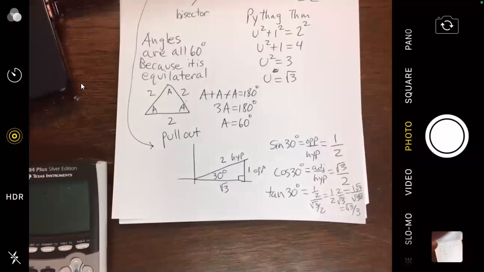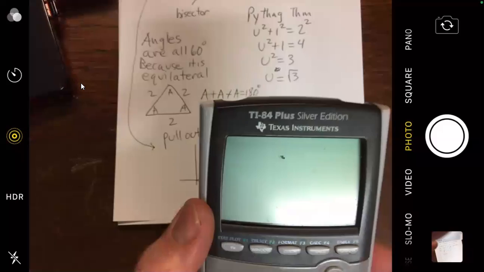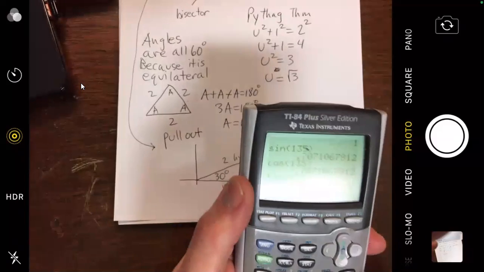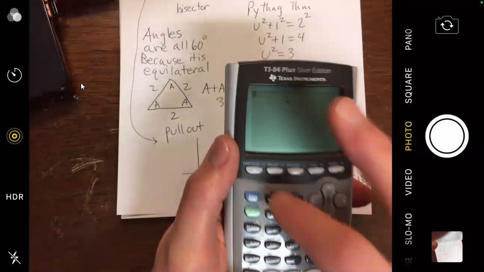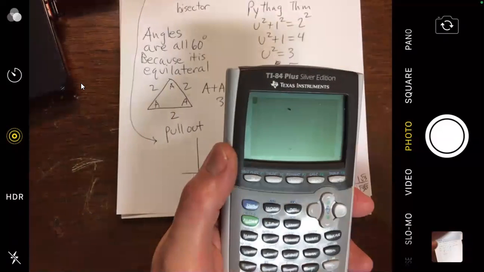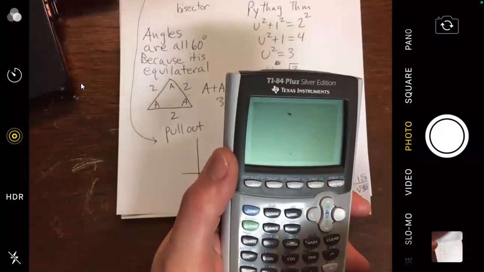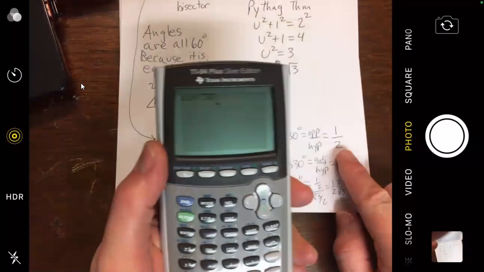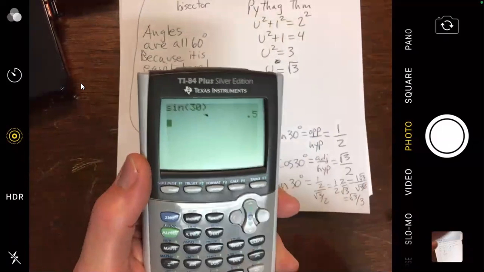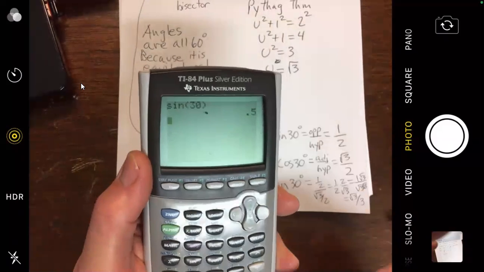All right, once again, I'll give you a check. Make sure we're in degree mode. Sine 30, we're not going to get 1/2, we're going to get 0.5, the decimal for 1/2.